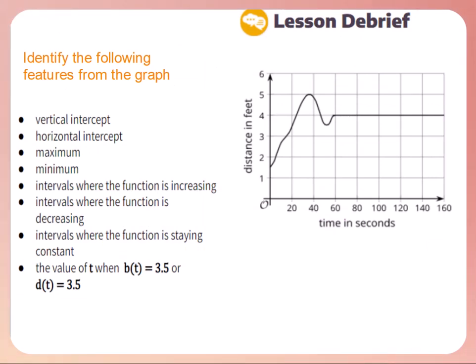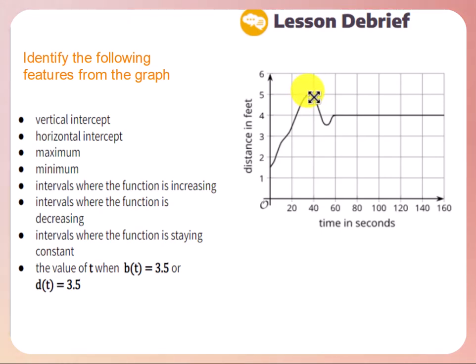All right, so identify the following features in the graph. The vertical intercept, that's going to be your y-intercept. The horizontal intercept is your x-intercept. We don't have one. The maximum is going to be the highest point. The minimum is going to be the lowest point. The intervals where the function is increasing is going to be between 0 and about 28.